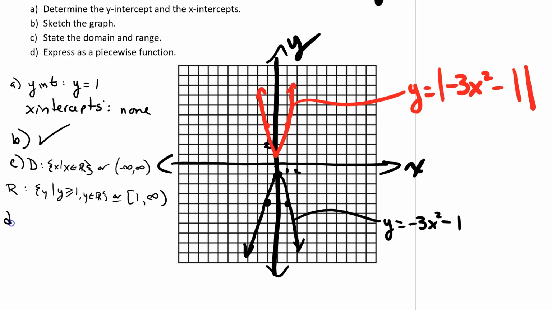And in piecewise notation, in this case, since there's no crossing over, we just say no piecewise notation needed, because there are no critical points.